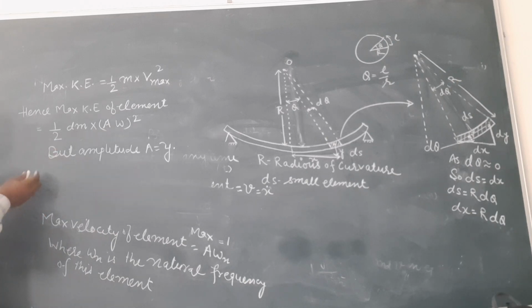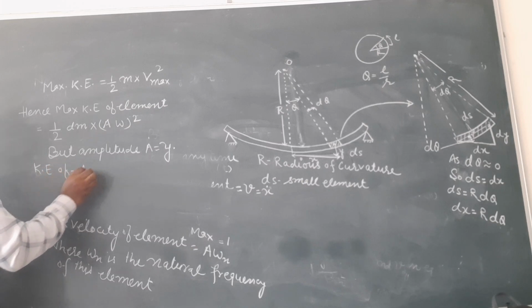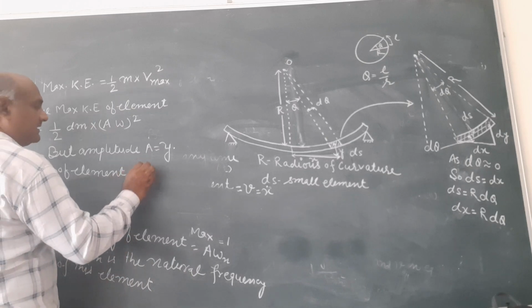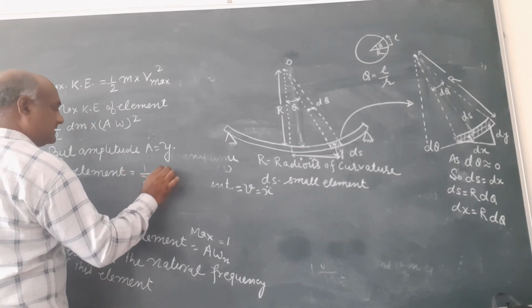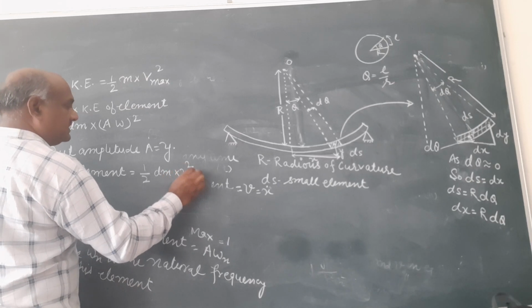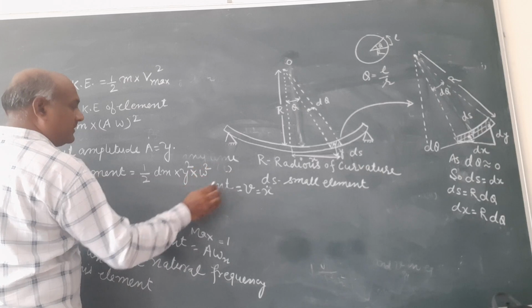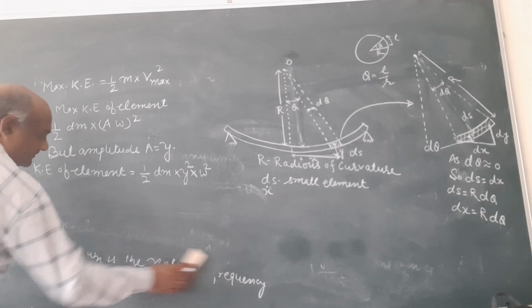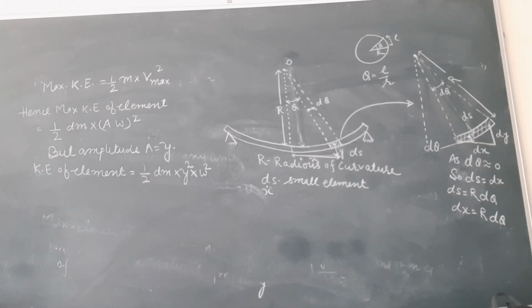So the kinetic energy of this element is equal to half dm into y square into omega square.